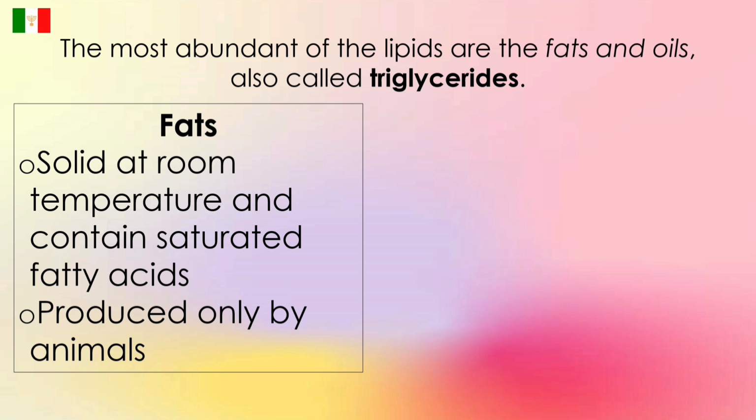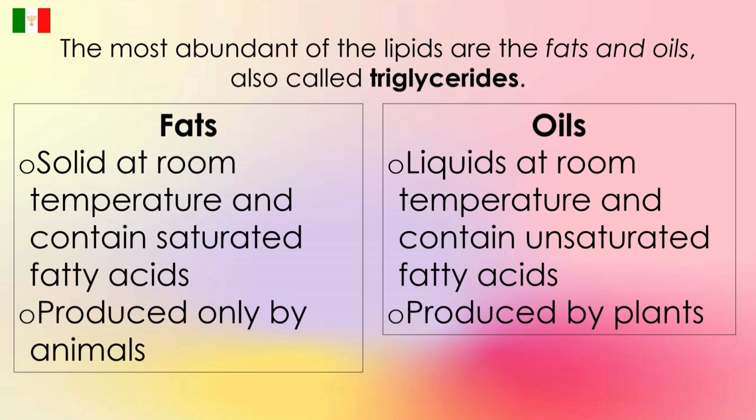Take note that all saturated hydrocarbons contain single bonds and are produced only by animals. Oils are liquid at room temperature and contain unsaturated fatty acids. Take note that all unsaturated hydrocarbons contain one or more double bonds and are produced by plants.